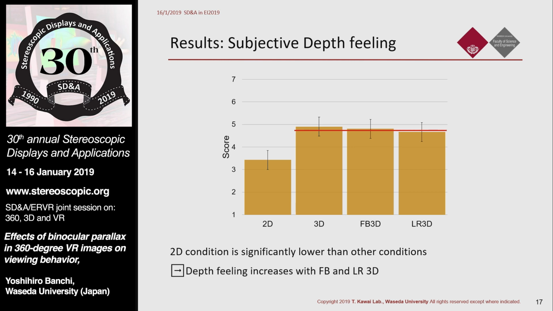Especially, the 2D condition was found to be significantly lower than the other conditions. From this fact, it is found that the subjective depth feeling was increased by adding parallax to a part of the area, even if it was not a whole stereoscopic view.